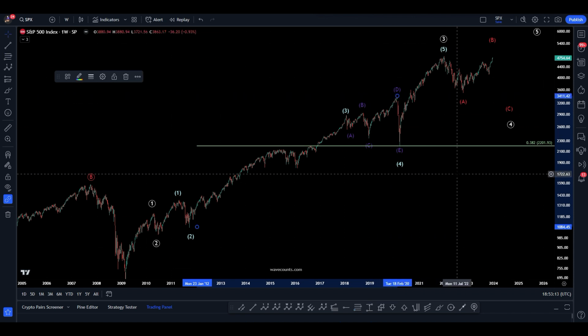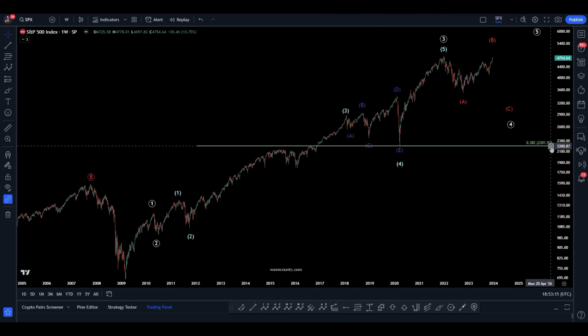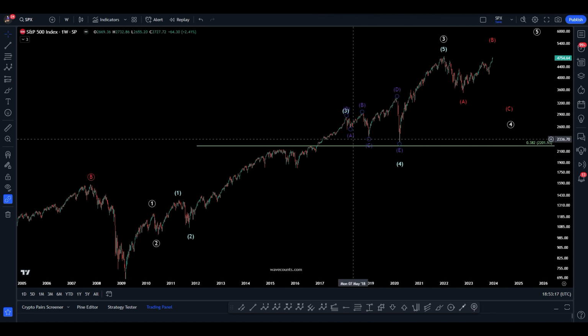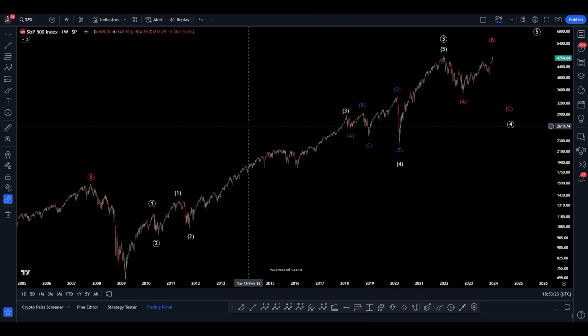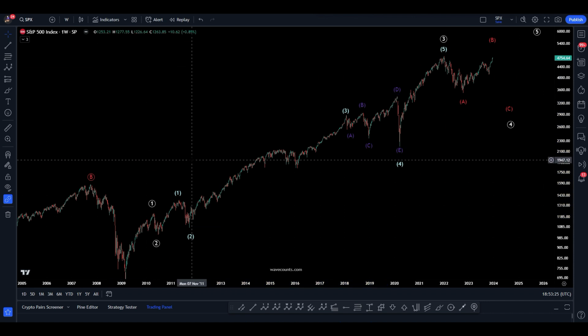Now, why didn't I go to the 3? Because what the book tells us is that it's some portion of the fourth wave that will subdivide the impulse into a Fibonacci number.